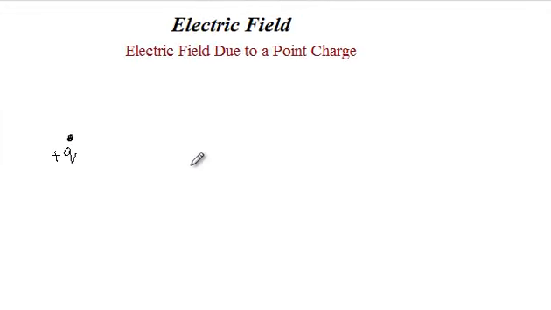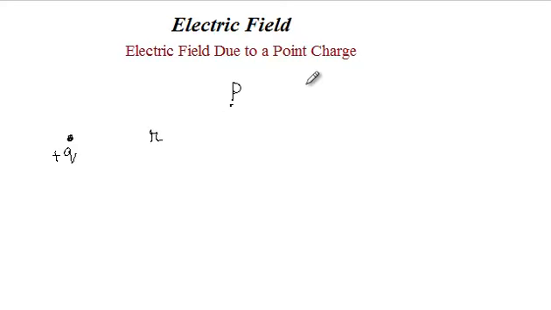Now we are going to use what we've learned so far to find out the electric field due to a point charge. Let's say we have a point charge Q over here, which is a positive charge, and we want to find the electric field over here at a point P, which is at a distance r from it.